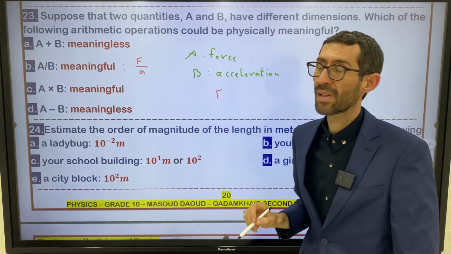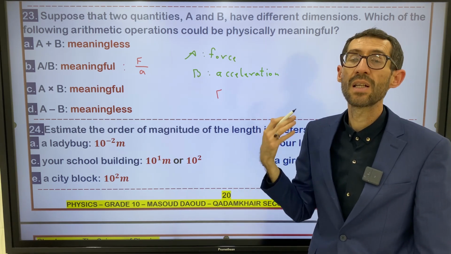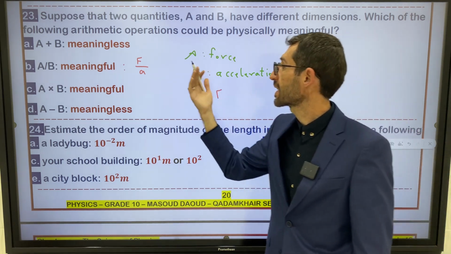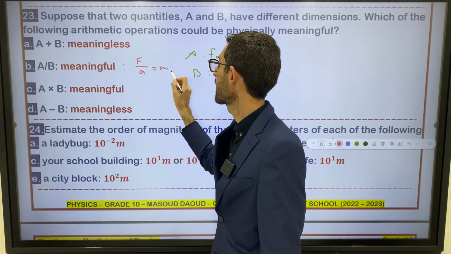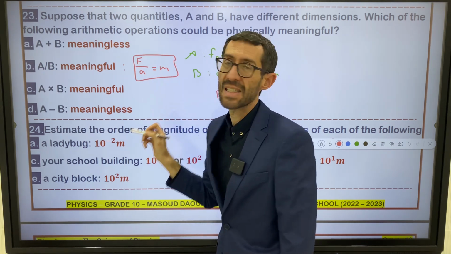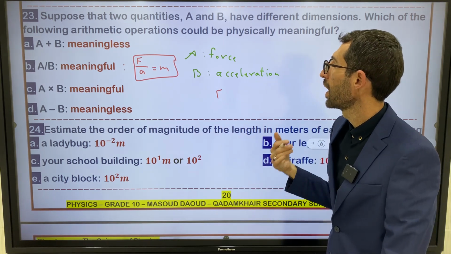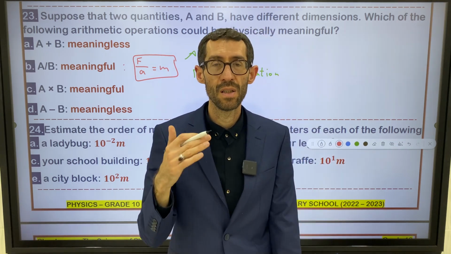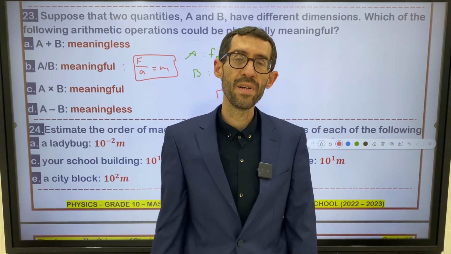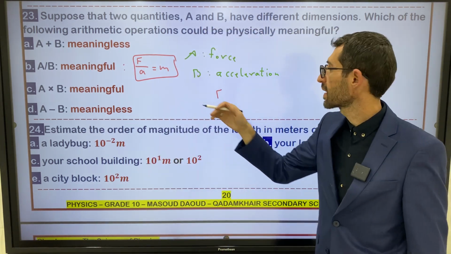Is it accepted in physics or not? It's accepted. It's meaningful because F over a means mass. This is Newton's second law. You can give another example. That's why it's meaningful. So you can divide. We can divide different quantities by one another. It works.